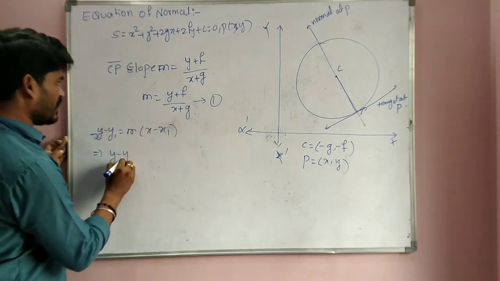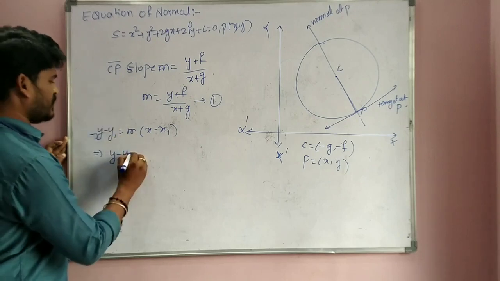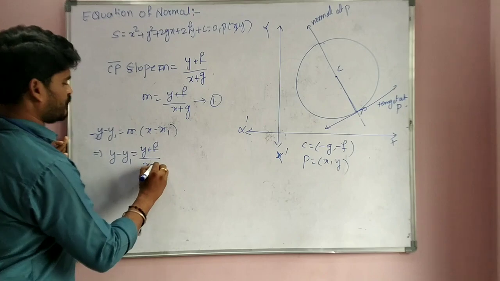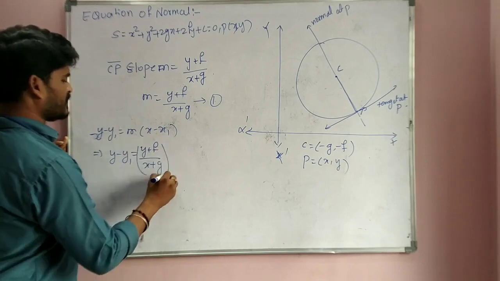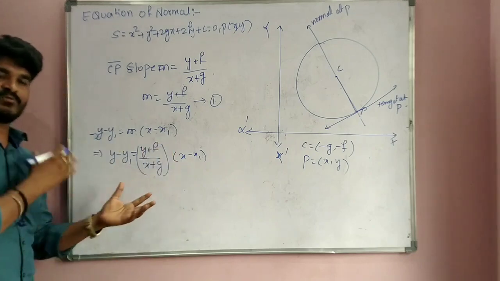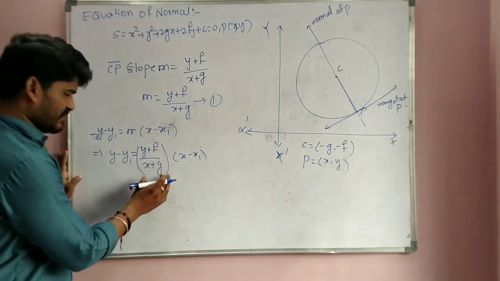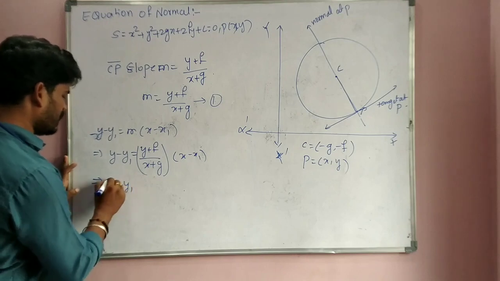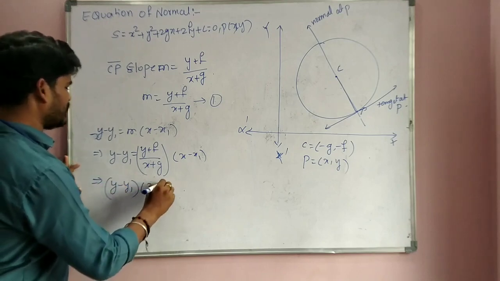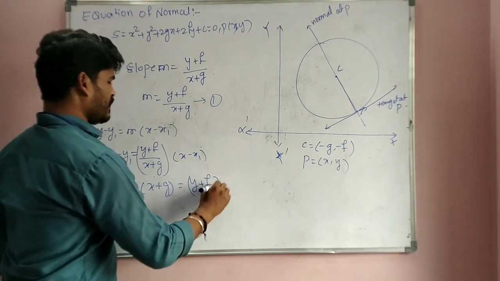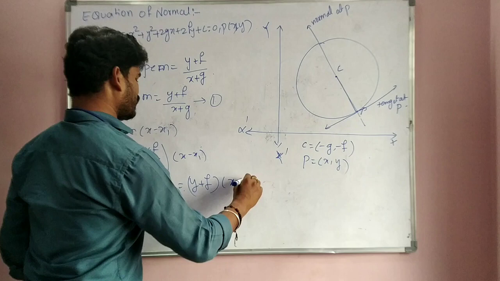Therefore y minus y1 is equal to y plus f divided by x plus g into x minus x1. Take cross multiplication: x plus g is the divisor, transpose it to this side. Multiplying, y minus y1 into x plus g is equal to y plus f into x minus x1.